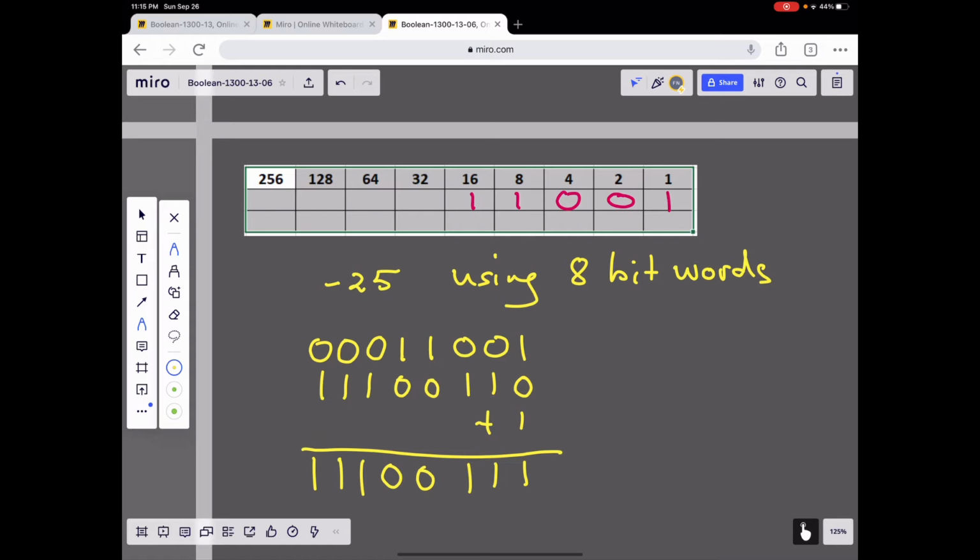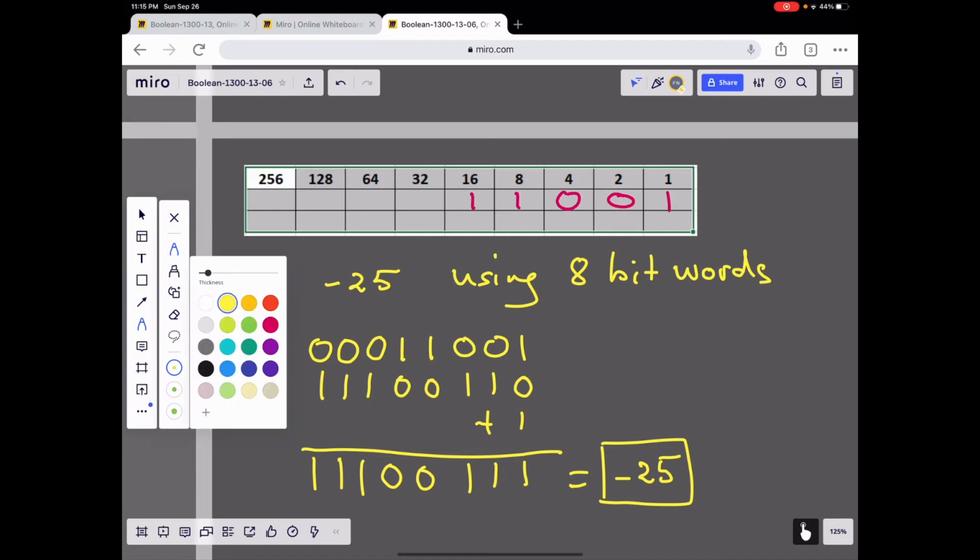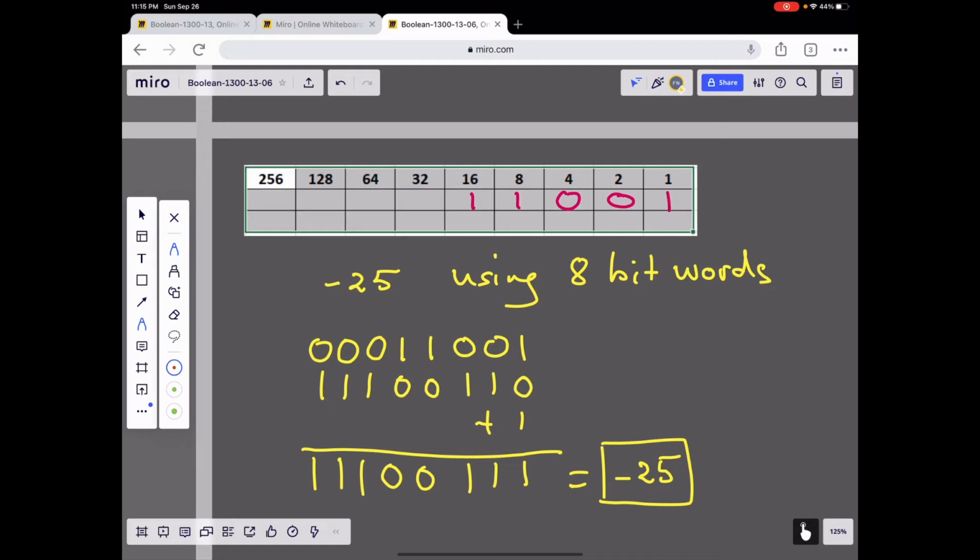All right, so now we want to make sure this number equals negative 25. So you want to check the decimal equivalent. I'm going to write down here 1, 1, 1, 0, 0, 1, 1, 1.